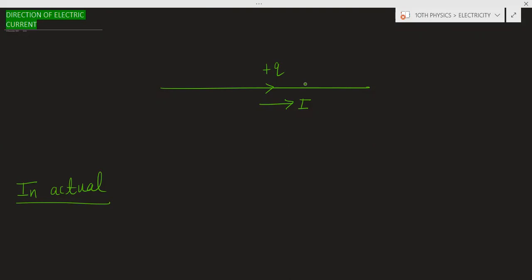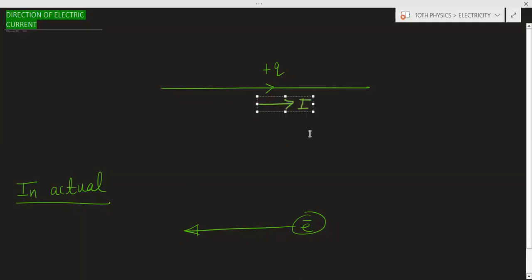Electrons are negatively charged. If the electrons flow in this direction, then there is the current. But we have already taken the direction of flow of positive charge as the direction of the electric current, because earlier we did all the calculations on this basis.